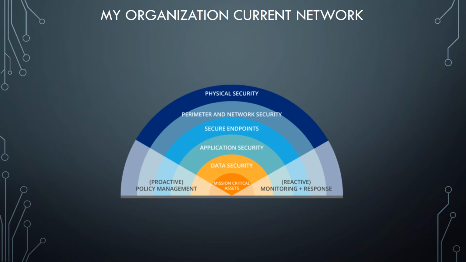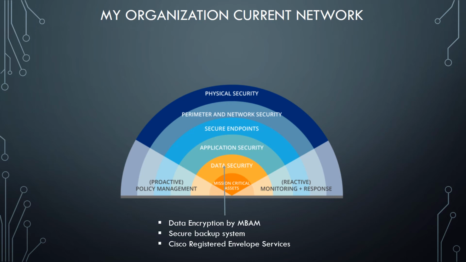So for the data security, we have the data encryption by Microsoft BitLocker, and we have secure backup systems. We have the Cisco Registered Envelope Service for secure emails. For application security, we have the Okta single sign-on.